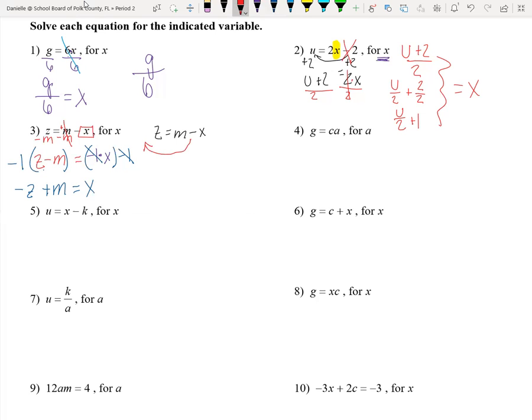So to undo minus x, we plus x, and we plus x on each side. So we have z plus x equals m. And now we move the z to the other side with subtraction, because again, this is technically a plus z. And when I move my z, I get x equals m minus z.